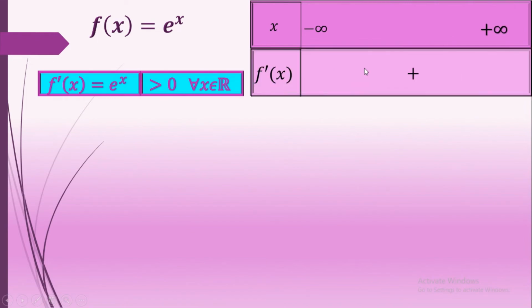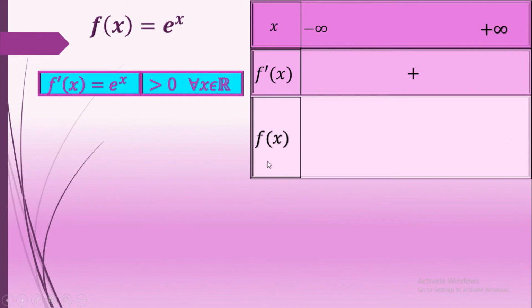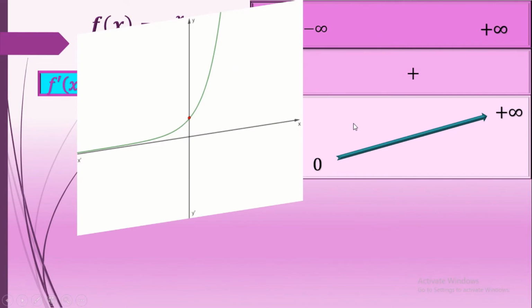F prime of x is exponential x. It's positive for every x belongs to R, so it's positive on this interval. Now what about f of x? Sure, in this case f of x will be increasing. It increases from the limit at minus infinity, which is 0, towards the limit at plus infinity, which is plus infinity.